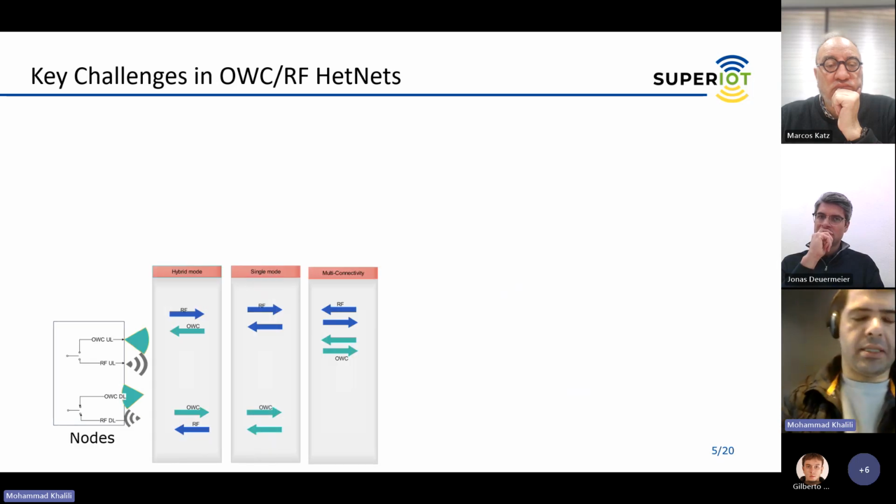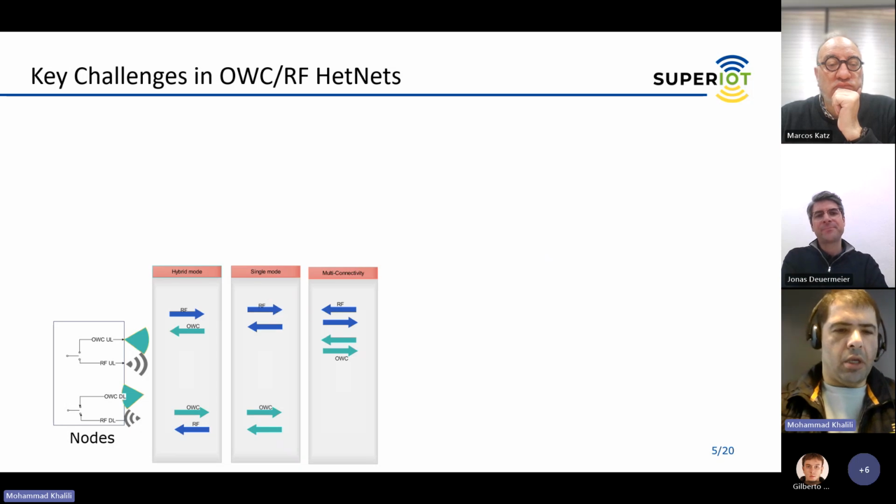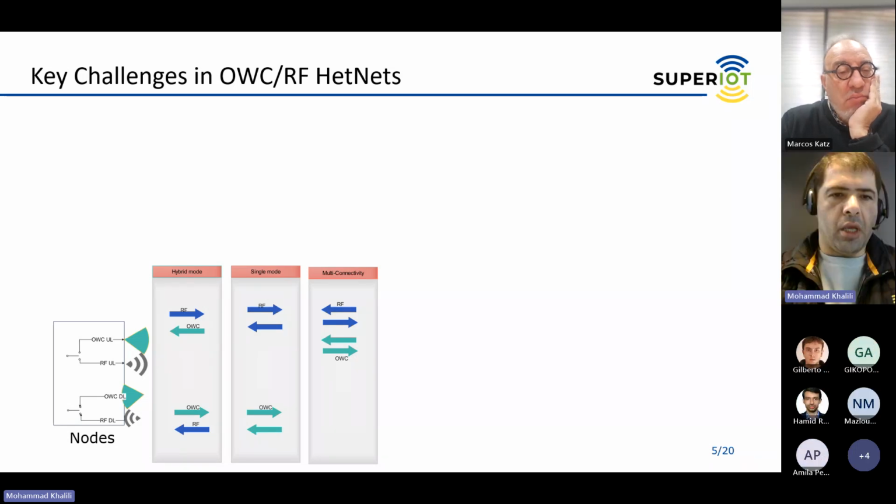First of all, let me take a closer look at these networks. In nodes using OWC RF heterogeneous networks, we have three modes of communication. Hybrid mode, that means a node can communicate in uplink with RF and in downlink use OWC or optical, or vice versa.